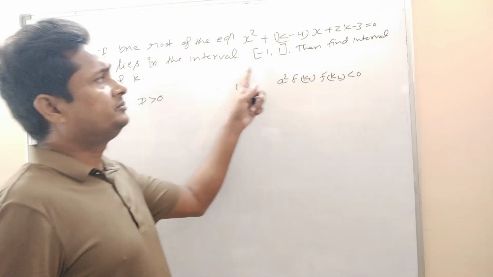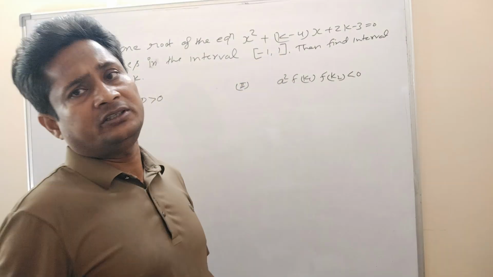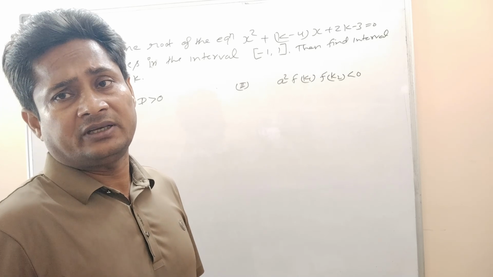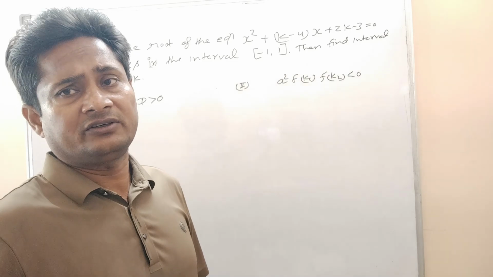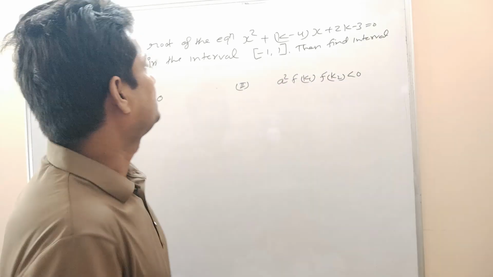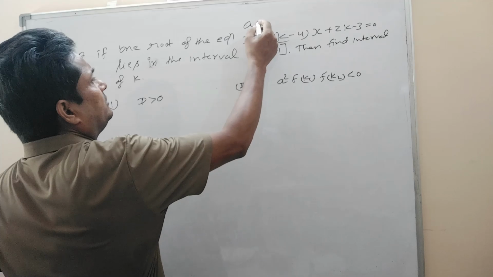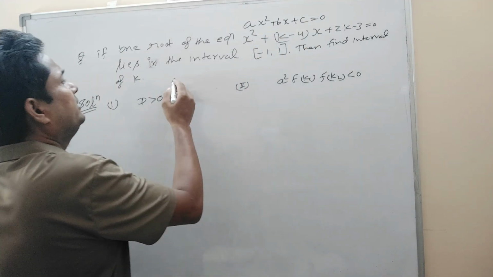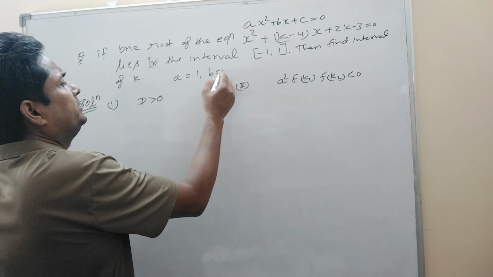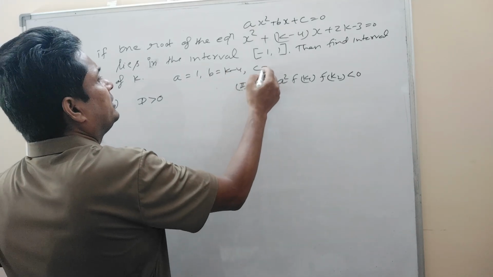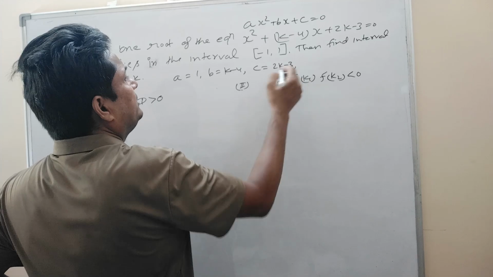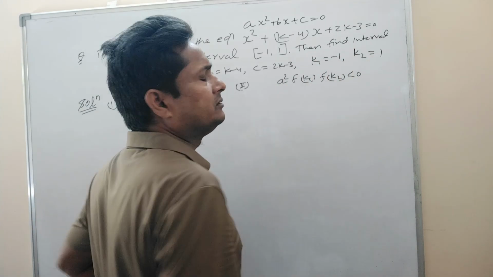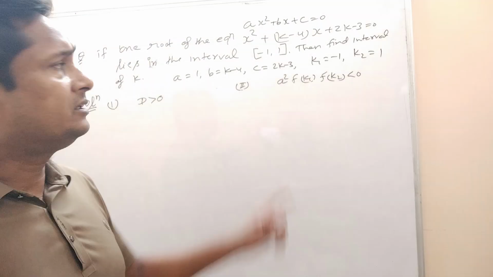So first of all recognize which one is K1, which one is K2, and what are the values of a, b, c. So if you compare this with ax square plus bx plus c is equal to 0, then a is equal to 1, b is equal to k minus 4 and c is equal to 2k minus 3 and K1 is minus 1, K2 is 1. So these are the values.